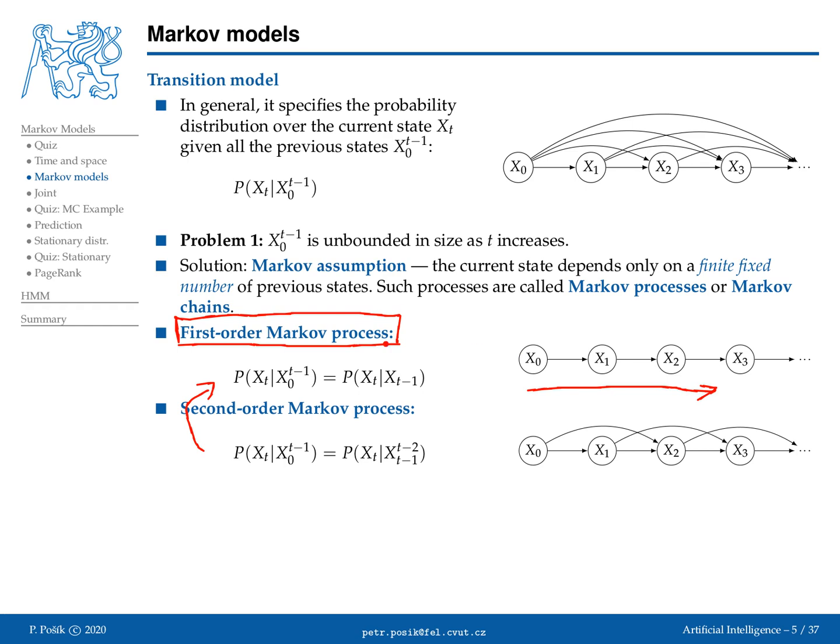But even this simplification, the Markov assumption, is not enough, because you would have to specify the probability of x1 given x0, and the probability of x2 given x1, and the probability of x3 given x2, etc. This would still mean that you have an infinite description of the model, right?